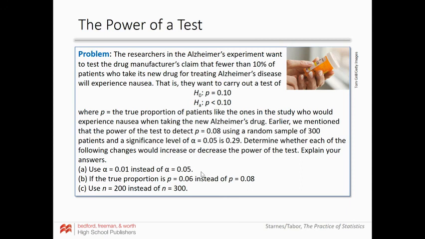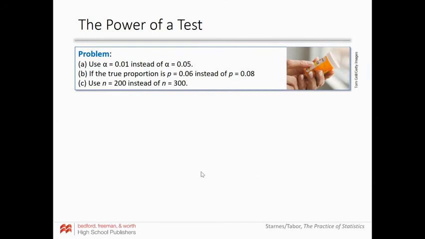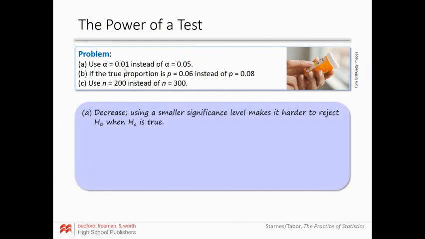They ask us to determine whether each of the following changes would increase or decrease the power of the test, and explain. Increasing our alpha value from 0.05 to 0.1 increases the power.